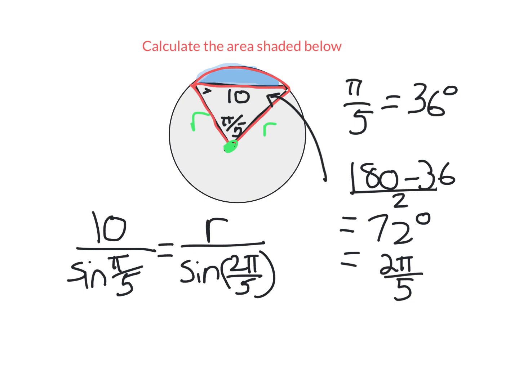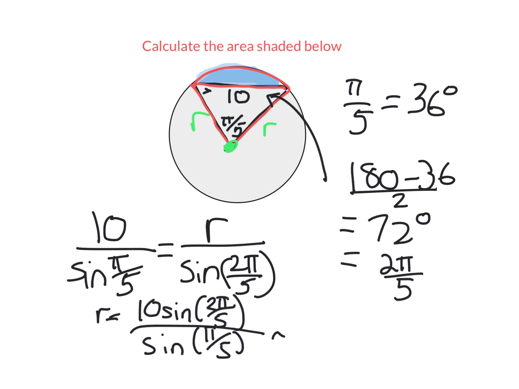R will just be 10 times sine of 2 pi on 5 divided by sine of 1 pi on 5. So putting this on our calculator, we get about 16.18. Thankfully, when we are doing side calculations involving the sine rule, there is no ambiguous case. And remember that we should check our answer, of course, because 10 was opposite a smaller angle, our answer should be larger than 10, which it is.